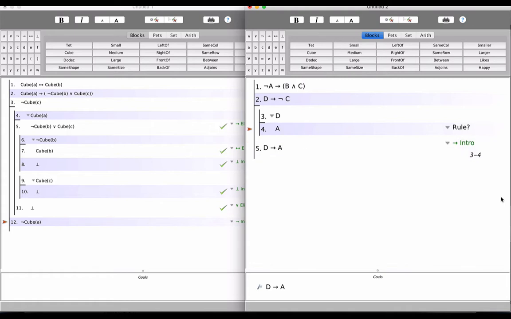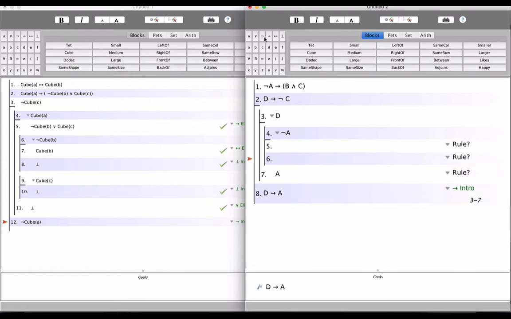We're going to work backward, and immediately after line 3, generate a second subproof that is a nested subproof. We're going to assume not A, derive a contradiction, so that we can exit the subproof and say that, therefore, the assumption not A is false.